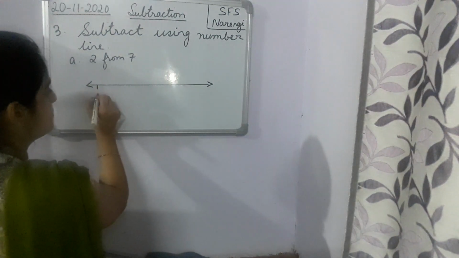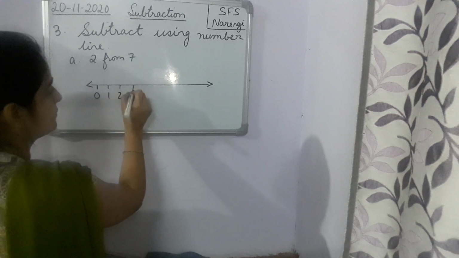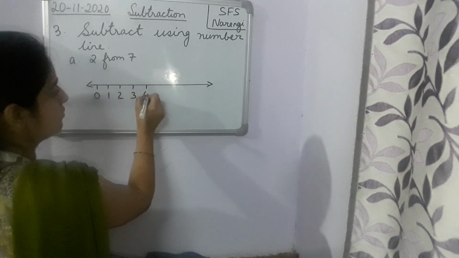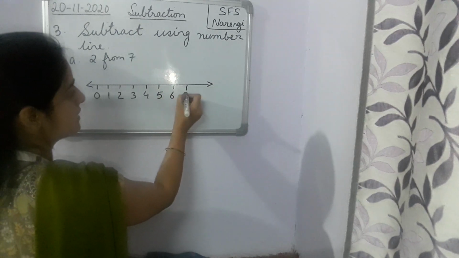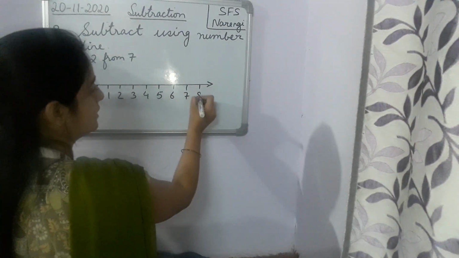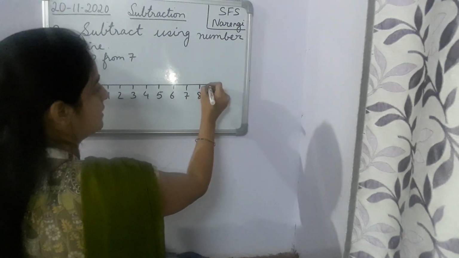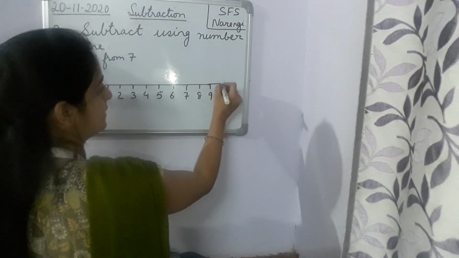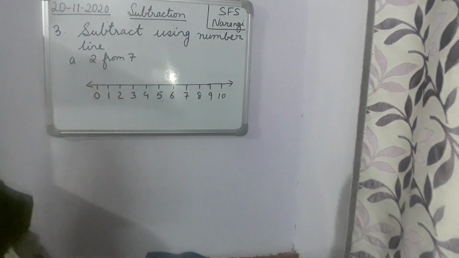So let's start from 0, 1, 2, 3, 4, 5, 6, 7, 8, 9 and 10.